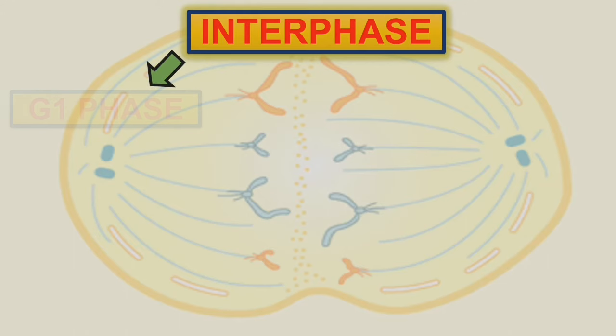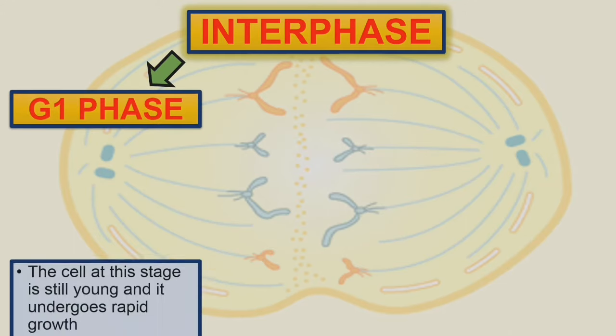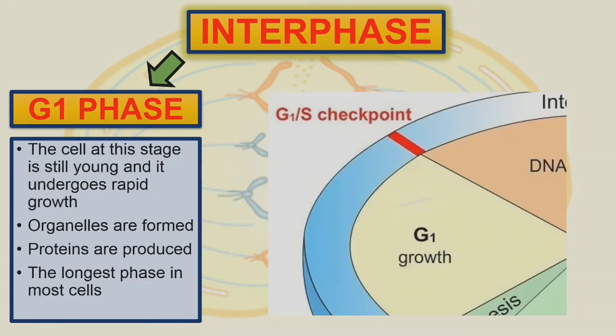The first one is the G1 phase or gap 1 phase. The cell at this stage is still young and it undergoes rapid growth. In this stage, the organelles are formed and proteins are produced. It is the longest phase among the three stages.